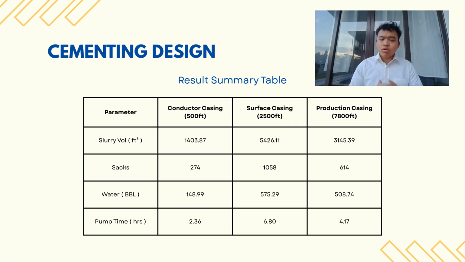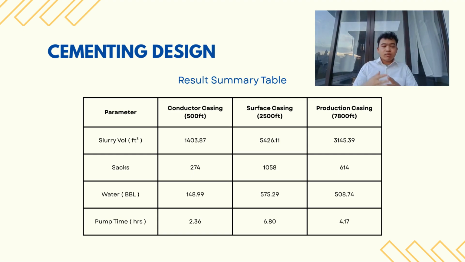To wrap up everything, here is what we can take from the cementing design. Across all three casing strings, the surface casing requires the most cement, which is 1058 sacks and nearly 7 hours of pumping. This is expected given the larger annular space and longer cement column.